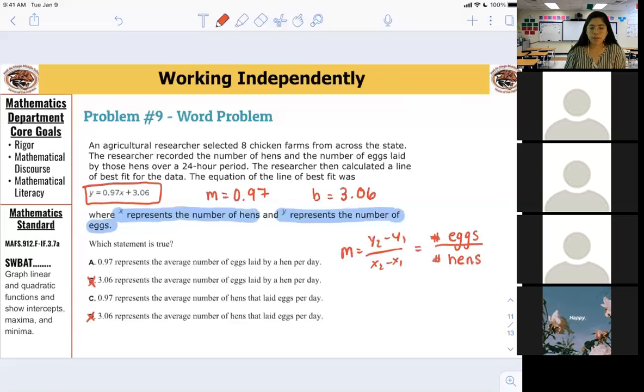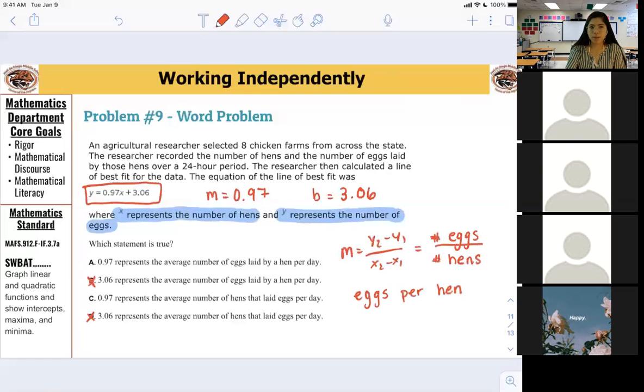So if I wanted to write this using words, we always want to use the word per. So this would be eggs per hen. The number of eggs laid by each hen.